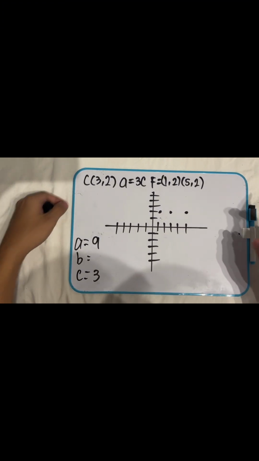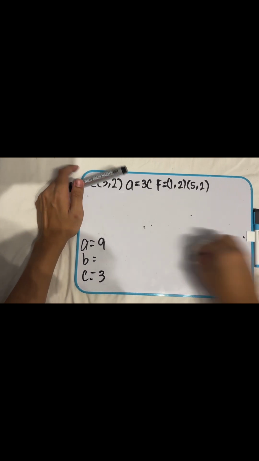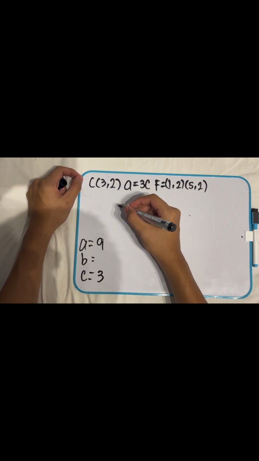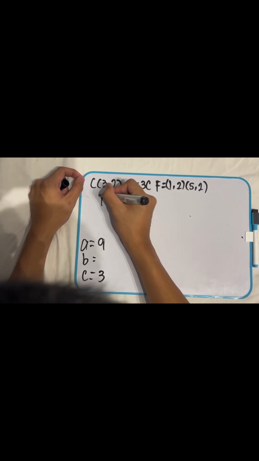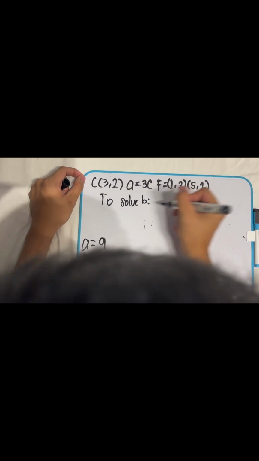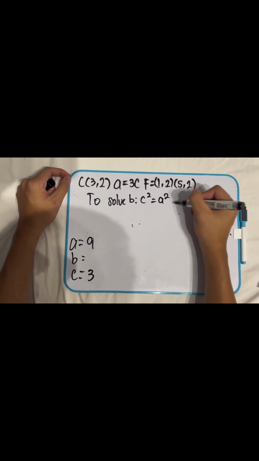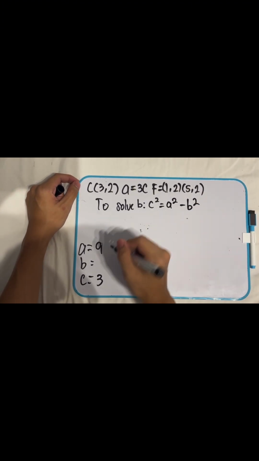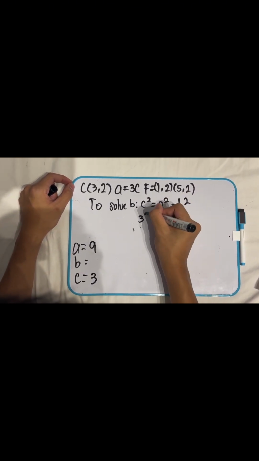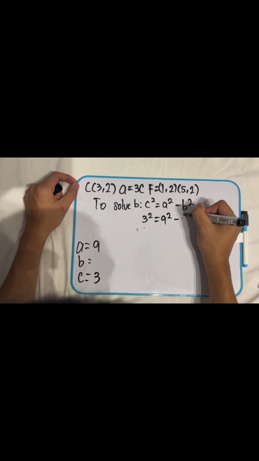Now let's solve for b. We can remove this graph since we already got our c. To solve for b, we use c squared equals a squared minus b squared. So the value of our c squared is 3 squared equals 9 squared minus b squared.